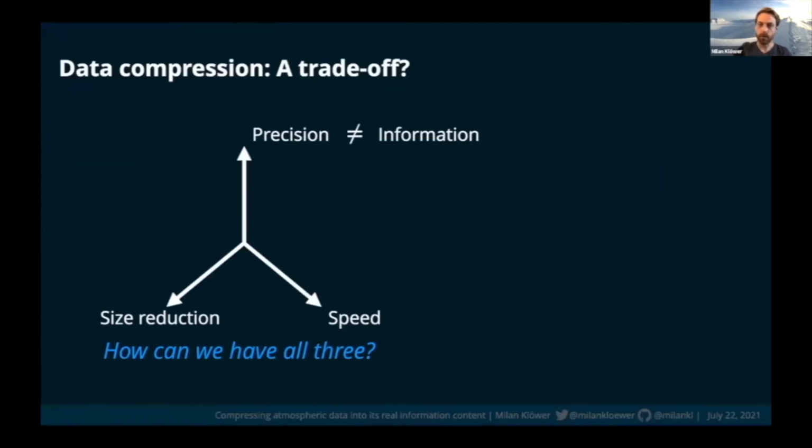So when we talk about data compression, we usually think of some kind of trade-off between size, speed, and precision. Ideally, because that's the idea of data compression, you want to end up with data that is smaller than what you had before without throwing away too much information.